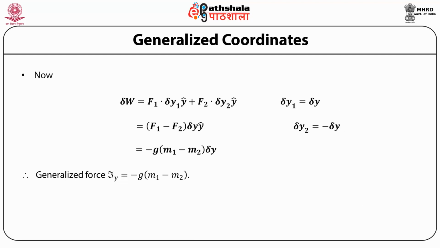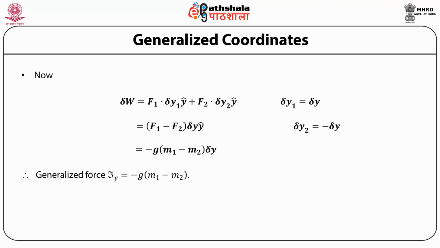So now the total work done, delta W, is F1 dot delta y1 y hat, where y hat is the unit vector along the direction of y, plus F2 dot delta y2 y hat. Now delta y1 is equal to delta y and delta y2 is equal to minus delta y. Therefore, the work done is (F1 minus F2) delta y along the direction y, which can be written as minus g (M1 minus M2) delta y.